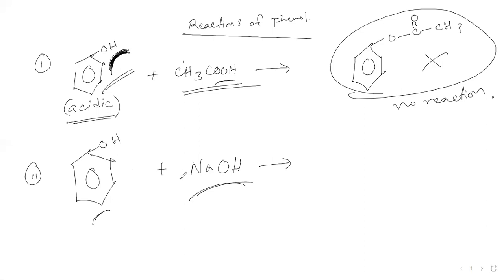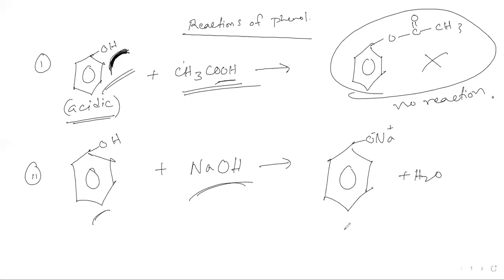Acid and alkali react together in a neutralization reaction. That means the products should be Na plus and O minus, so this is an ionic reaction. The other product is water, because a neutralization reaction is happening.